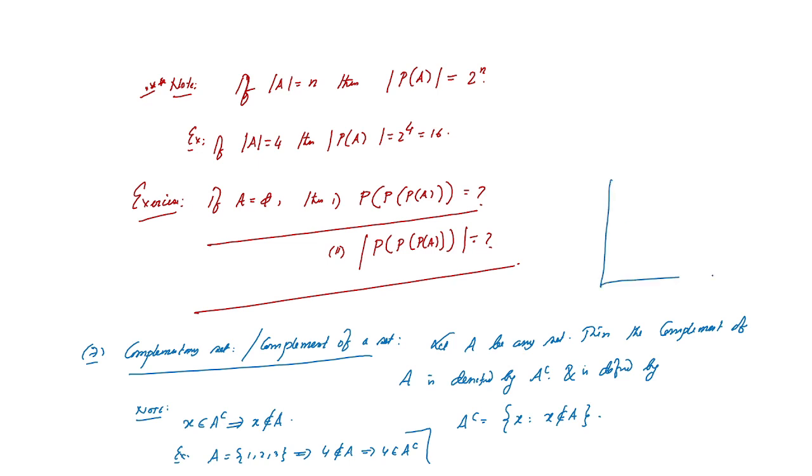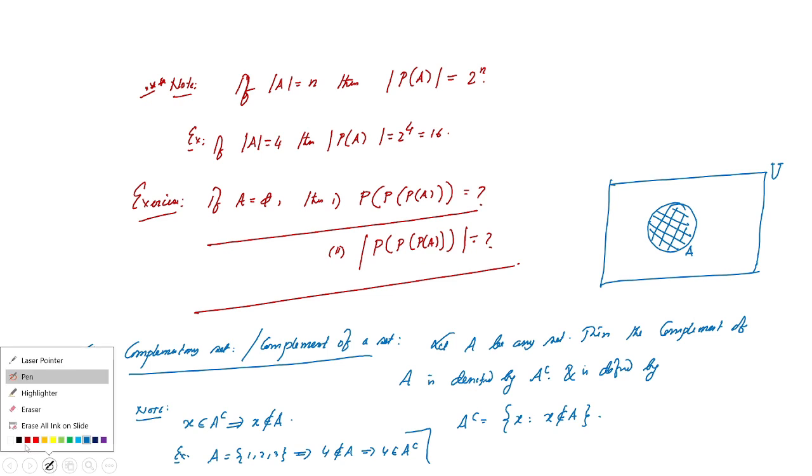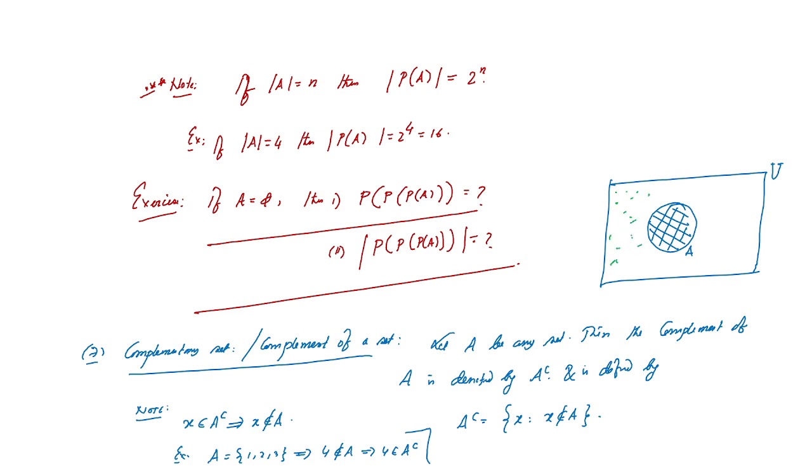So in Venn diagram, U is the universal set, and this is our A. Now the question is, what is A complement here? For that universal set, A complement is this part, except A part.